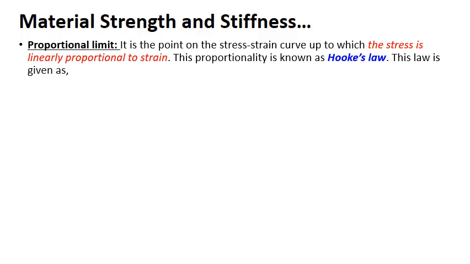Proportional limit is a point on the stress strain curve where the stress is linearly proportional to strain. These are very, very important concepts. They might look very simple to you, and you may be complacent in understanding these properties. I urge you to recollect them very seriously, because we will be using this in the design of various machine elements in the 2 courses.